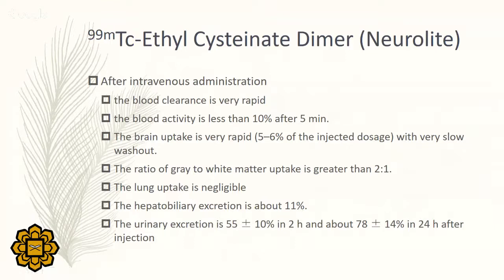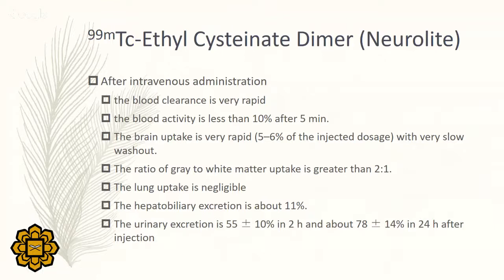If you look at the urinary excretion, we found that the radiopharmaceutical is excreted more than half in the urine, about 55% plus minus 10% at 2 hours post administration, and after 24 hours, 78% of this drug with a standard deviation of 14% is found in the urine.